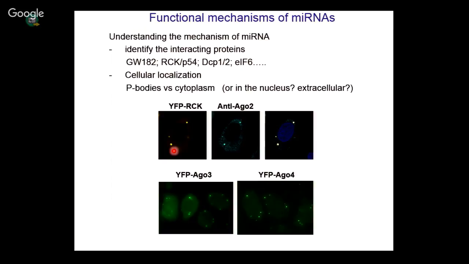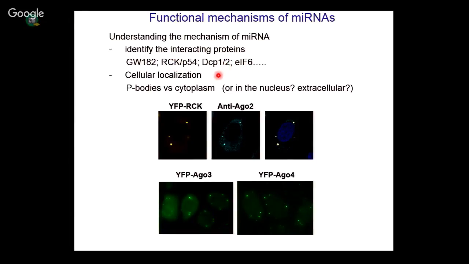Then we go back to the function of microRNA. What's the functional mechanism of microRNA? We know how they load onto RISC, how they recognize targets, and then how they trigger the gene silencing mechanism. To understand the mechanism, people try to zoom in on what kinds of proteins interact with microRNA or Argonautes, identifying interacting proteins like GW182, RCK (also called DDX6), DCP1/2, or eIF6.